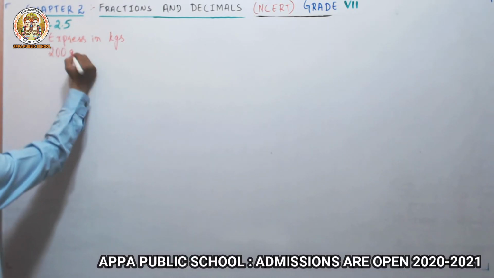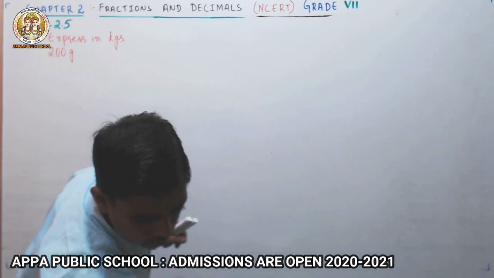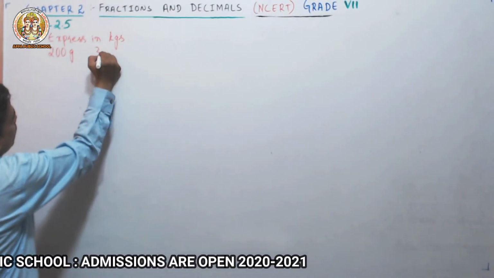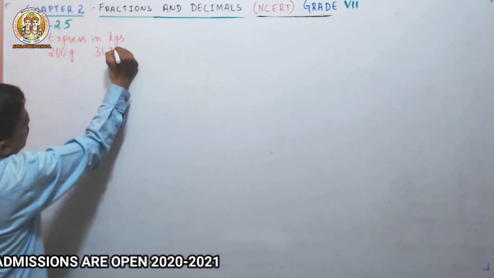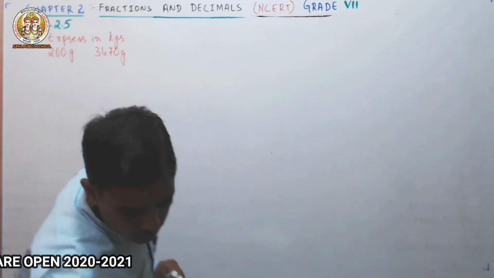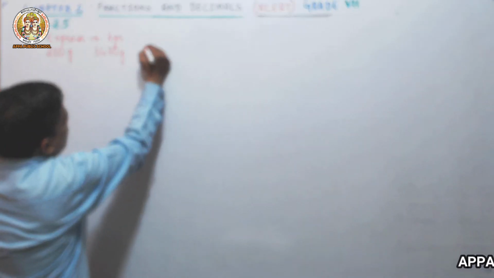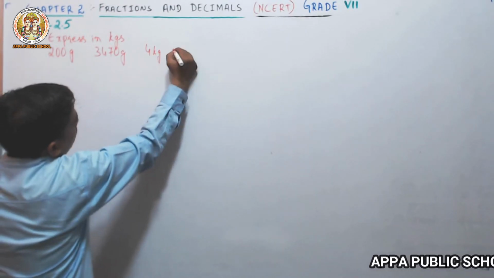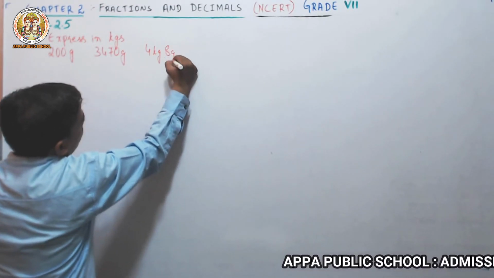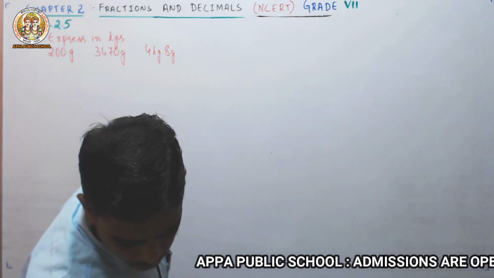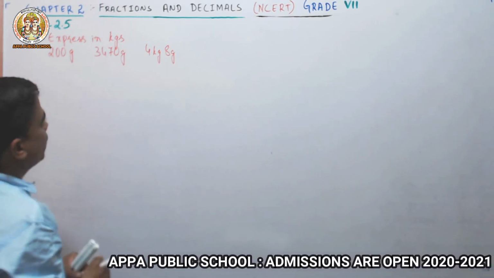The second bit is 3470 gram. The third bit is 4 kg 8 gram. Okay, totally 3 bits are there here.